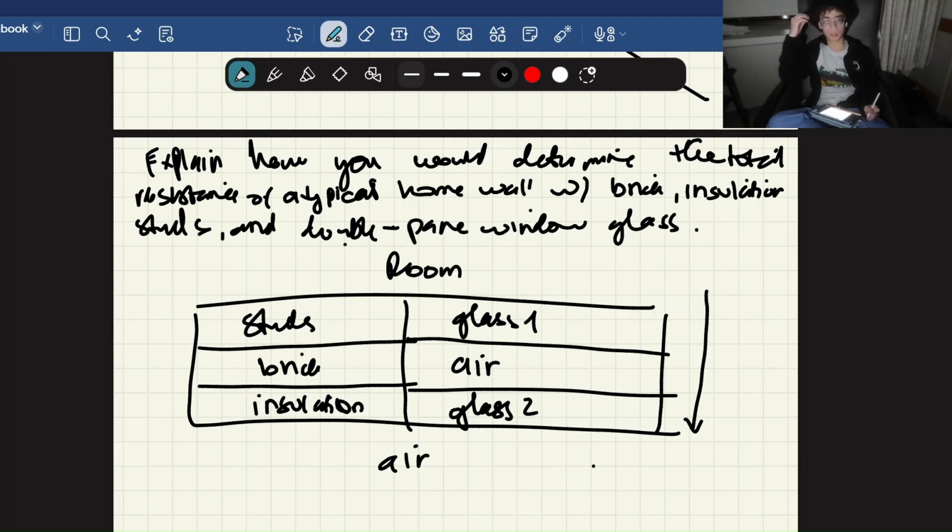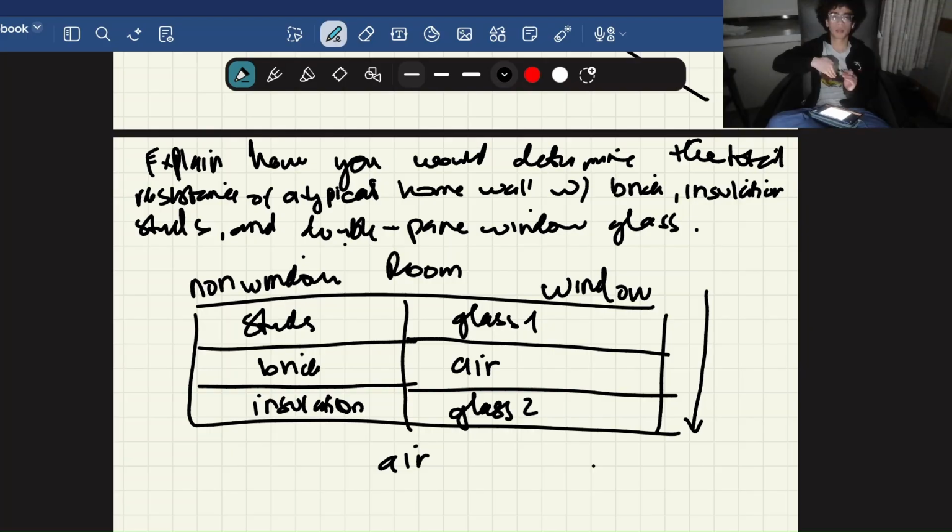When we look at these structures, we see that the window side, glass one, glass two and the air, are in series with each other because heat penetrates through them layer by layer. And on the non-window side, the studs, the brick, and the insulation are in series.